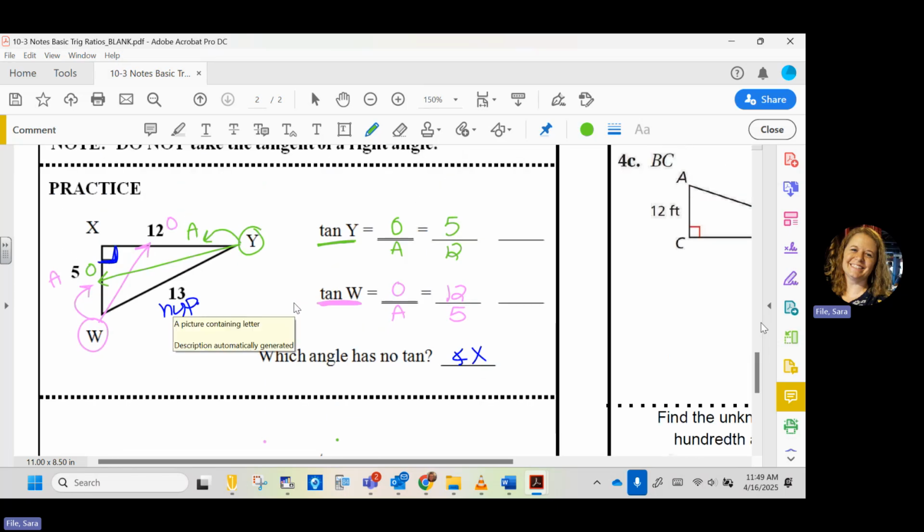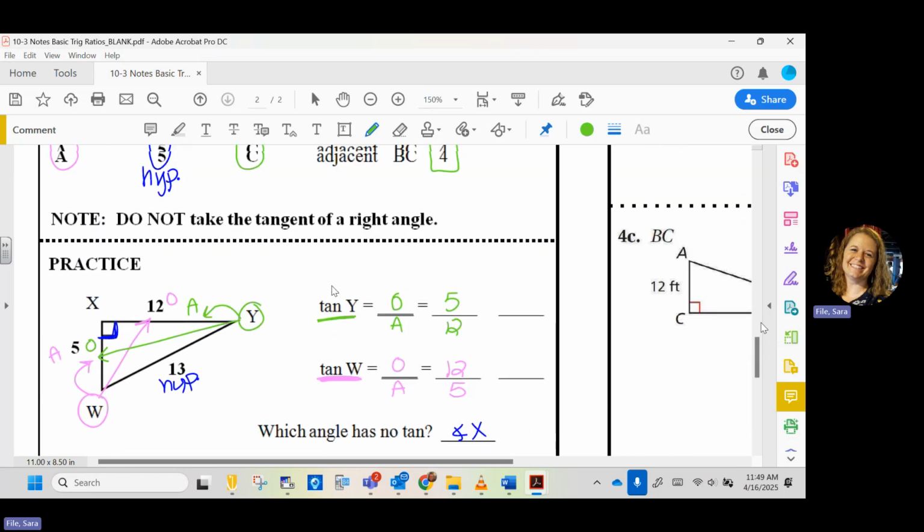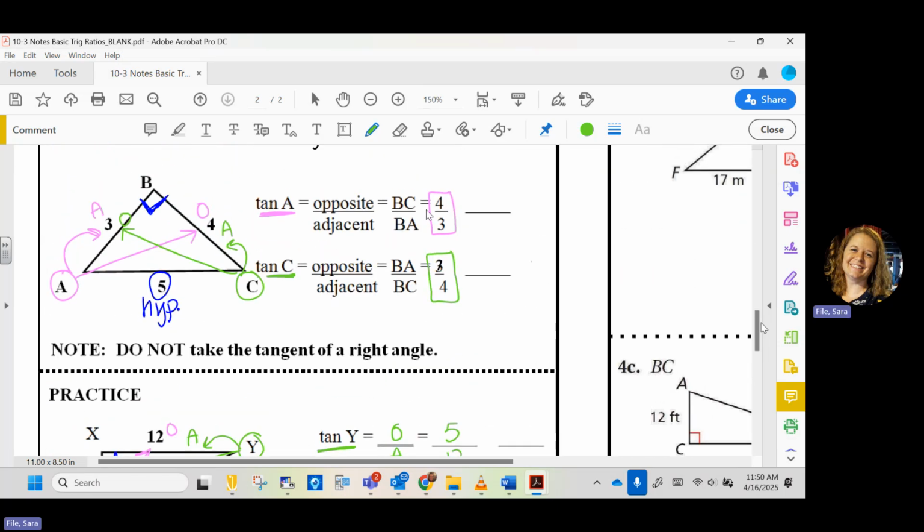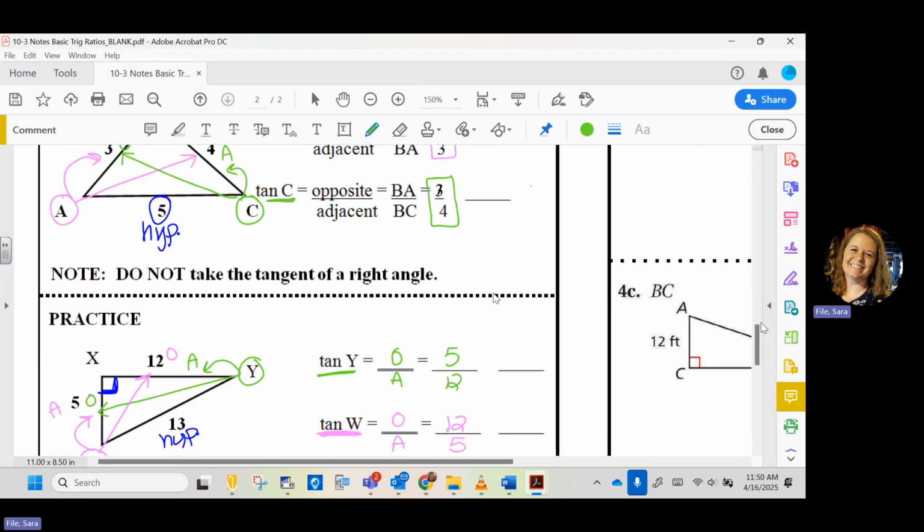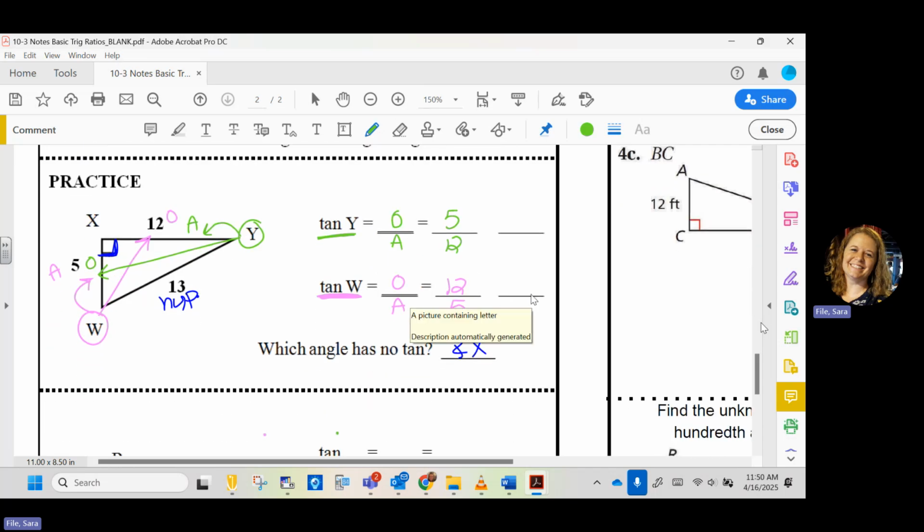They might want you here, now that I look at this, they have the segment name here instead of O over A. So if we put the segment names here, let me do that real fast. Oops, that was supposed to be an eraser. So from angle Y, the opposite side was segment XW.